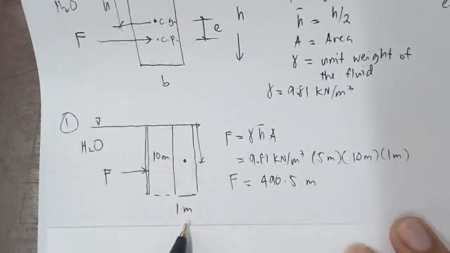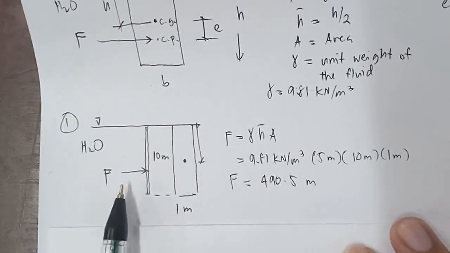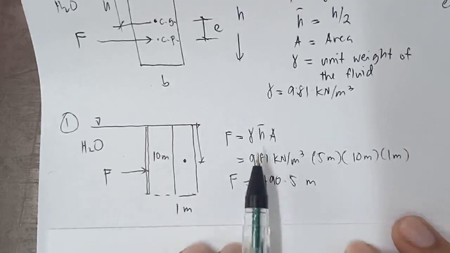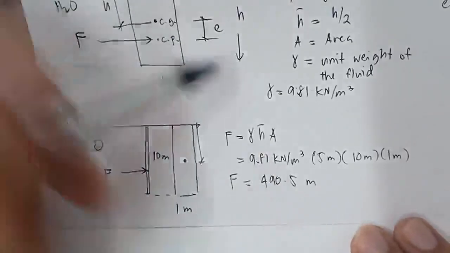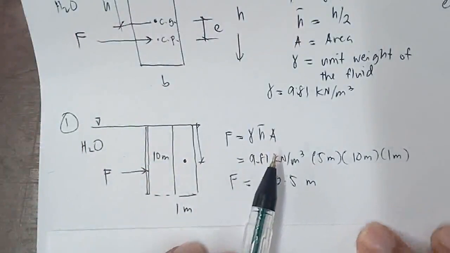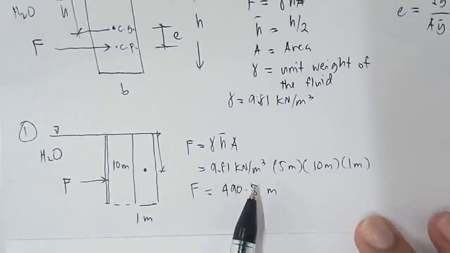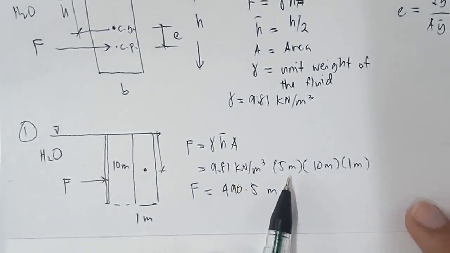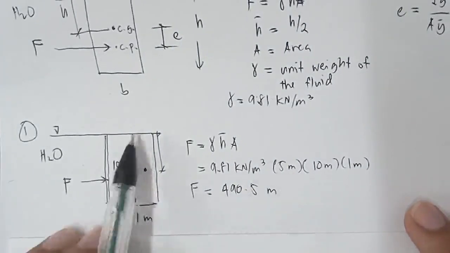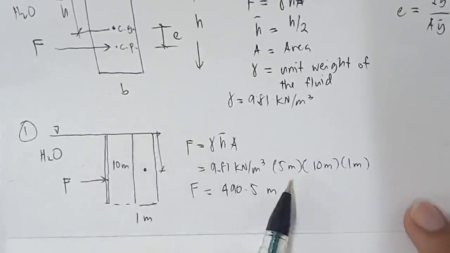Okay? So, example, isolve ko yung hydrostatic force sa isang plane or plate na merong 10 meters na height, and a 1 meter na width. So, to solve yung F, first solution, we will use the formula. So, unit weight times H bar times area. So, 9.81 kilonewton per cubic meter times 5 na yung H bar is from the centroid to the water surface. So, kung 10 ito, 5 yung H bar.